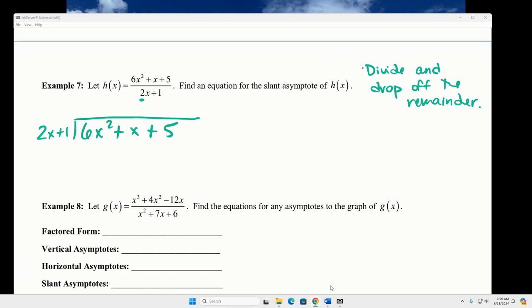All right, so I'm going to ask myself, what do I multiply 2x by to get 6x squared? 3x. I do need to multiply. I do need to subtract. And bring down, kind of, but we'll do it.